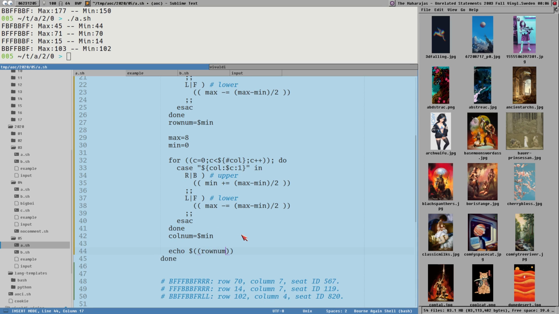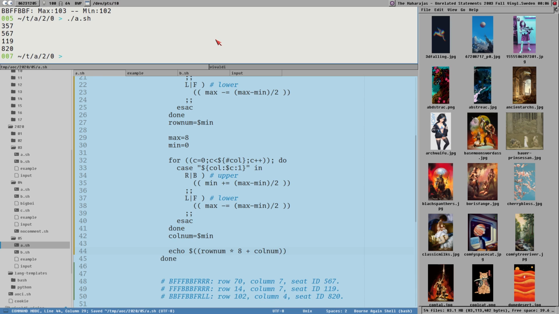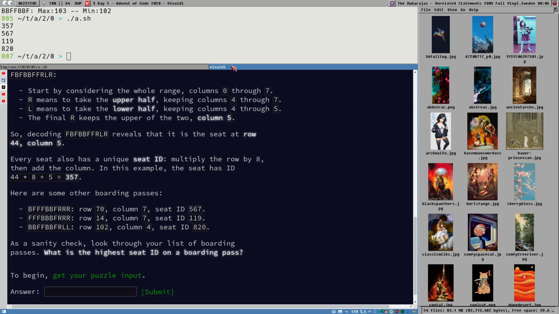Row num times 8 plus col num. 567, 119, 820. Okay.